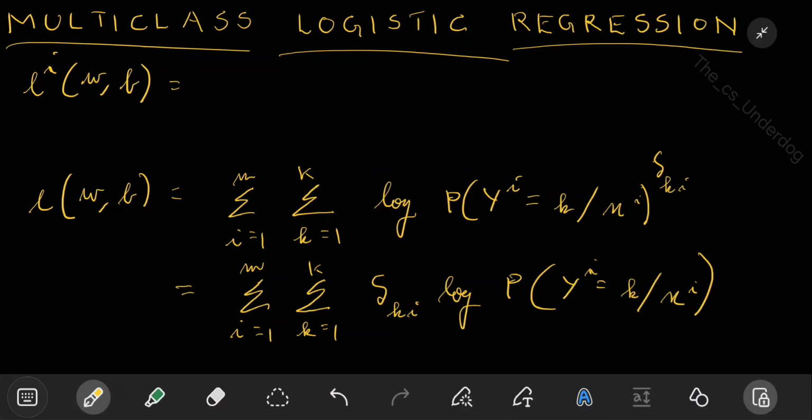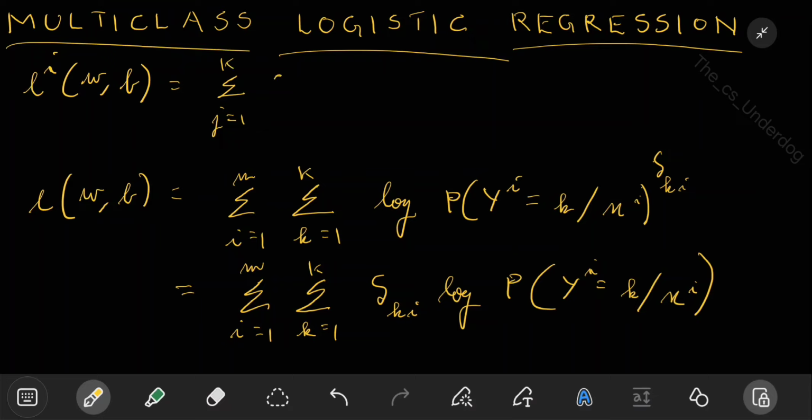Here I'm considering only one particular training example. So this term will stay and this summation will be removed, because I'm not going to consider all the m. I don't have to sum over all the terms; I'll take just one term among those sums. So it will become sigma, and instead of this k, I'm going to convert it to j now, j is equal to 1 to K. This term will remain as it is.